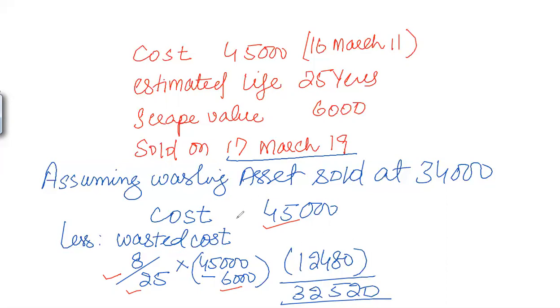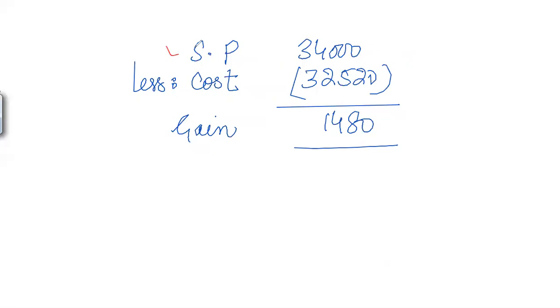So the total cost is 45,000. The vested cost is 12,480. The remaining cost is 32,520. So we have to deduct from the selling price of 34,000 the allocated cost, the allocated portion of 32,520, and this will be a gain.